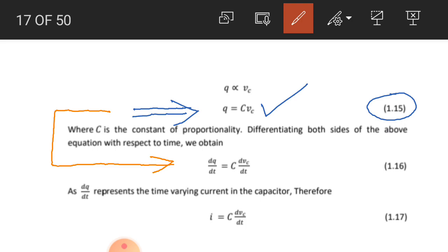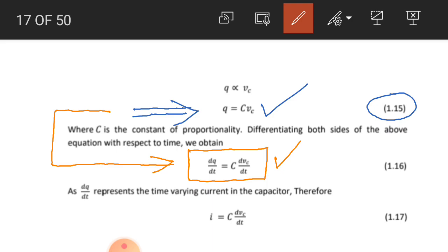So we differentiate both sides of equation number 15 with respect to time. We differentiate the charge on the left hand side with respect to time, and we differentiate the voltage across the capacitor with respect to time. So dq by dt is equal to C into dvc by dt.